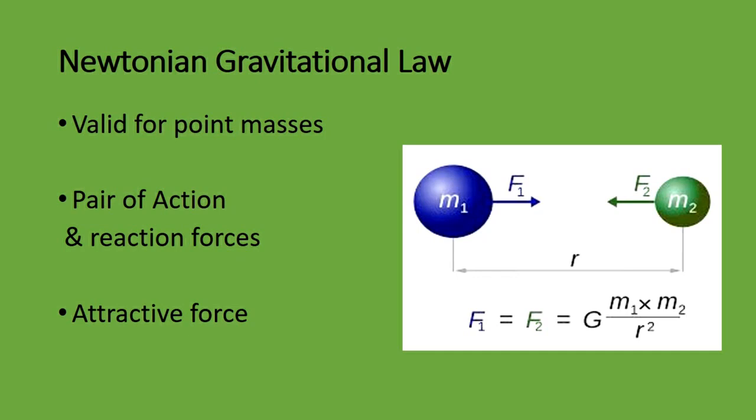So mass number 1 in this picture is attracting mass number 2 by a force, let's call it F2, while mass number 2 is attracting mass number 1 by a force we call F1. Now the magnitudes of the two forces are equal, but the directions are opposite. And of course, the force of gravity is always attractive according to Newton's gravitational law.